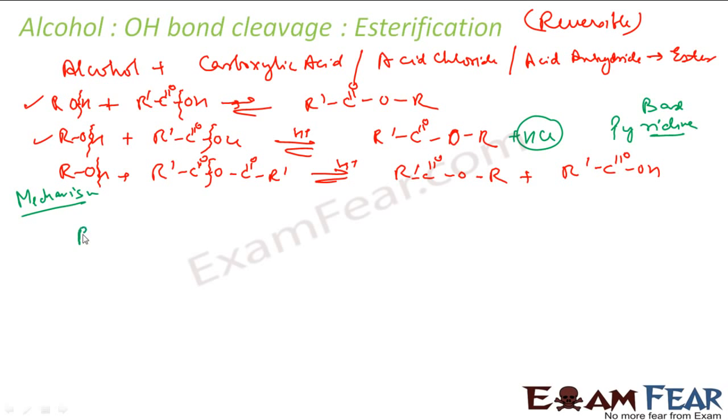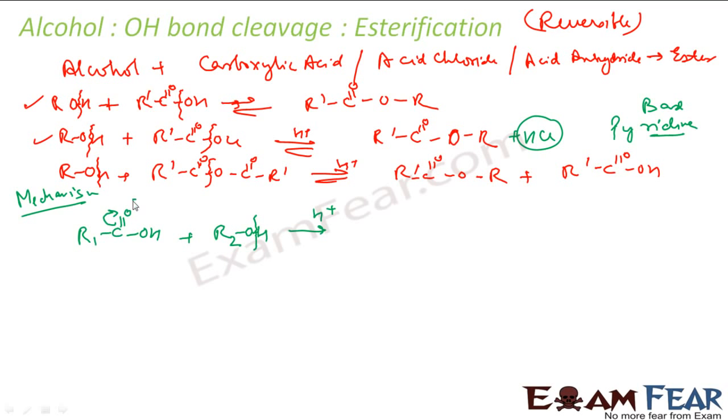So let me see this reaction. R1COOH, the first reaction, I will take plus ROH. Let me give it R2, in the presence of H plus, and as I told, this bond has to break. So first what will happen is this oxygen is electronegative.